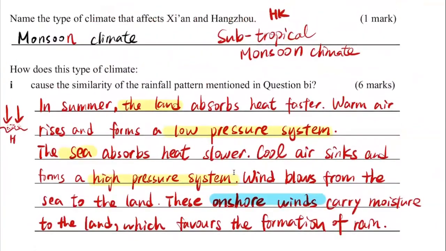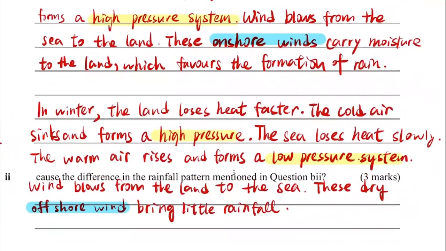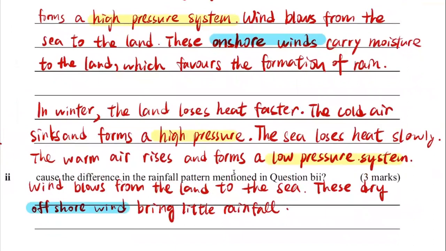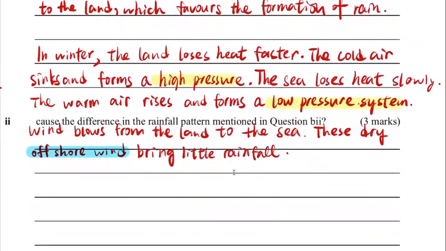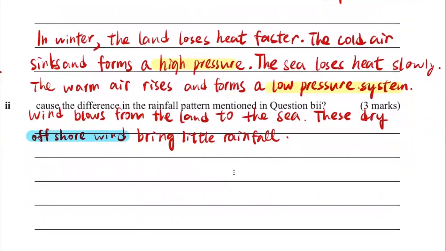How does this type of climate cause the difference in the rainfall pattern mentioned in question B1? That means it's asking why Hangzhou will have a higher rainfall than Xi'an. So we should answer that Hangzhou is located near the coastal area.